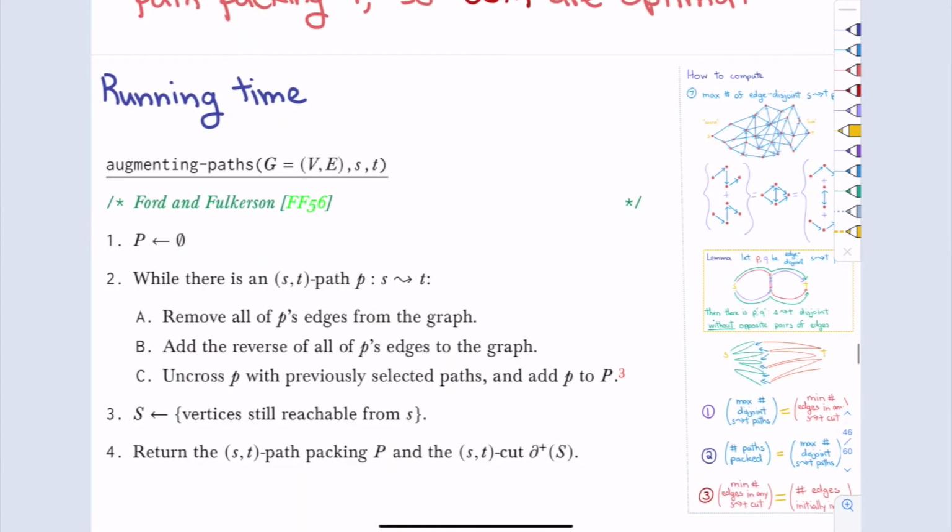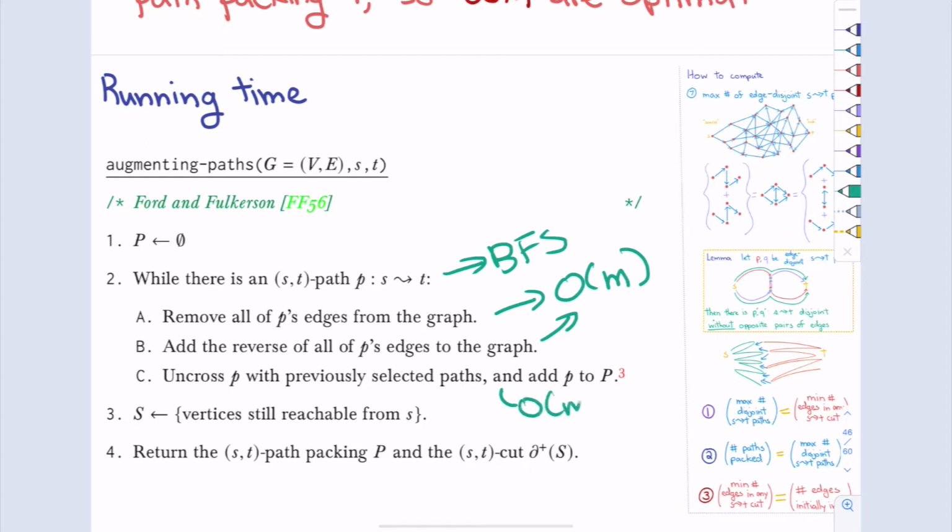As far as the running time goes, finding a path is not so hard. That's like BFS or DFS. And rebuilding and adding the reverse is only going to take linear time. And if you're careful, you can take that path you just selected and walk backwards whenever you find an uncrossed path, unzip it and zip it up with some other path you already have, and you just end up walking back to your original graph. So you can do this in O(m) time.